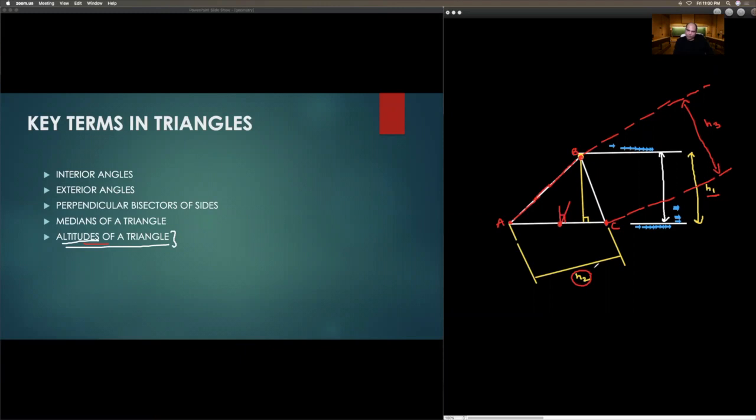And why H1, H2, H3 is significant is because we know that the area of a triangle is half base into height. And what you need to understand is that because you have three different heights and three different bases, there are three ways to calculate the area of a triangle.